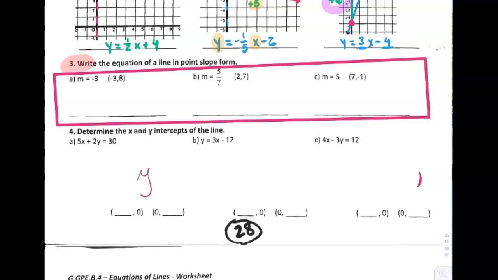Point slope, instead of y equals mx plus b, point slope form looks like this. It can be helpful, but I think I choose to keep it simple and use one form when teaching this. So let's just say we're going to keep doing this in our y equals mx plus b form.